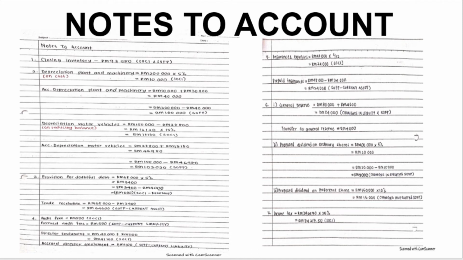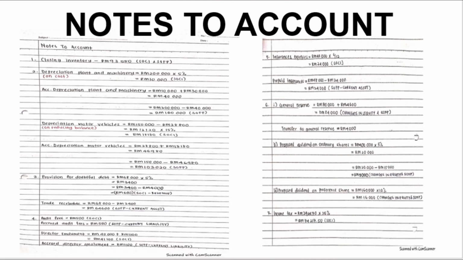So 20,000 must be minus the interim dividend of 15,000, which is equal to 5,000, and 5,000 must be taken in the statement of changes in equity and statement of financial position.